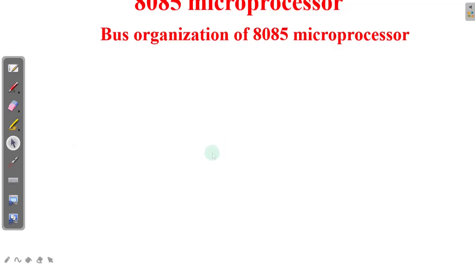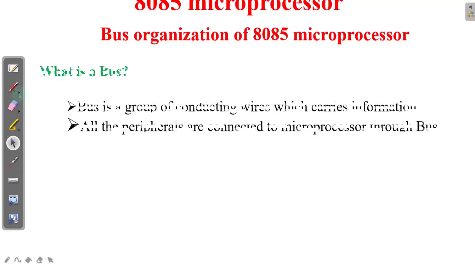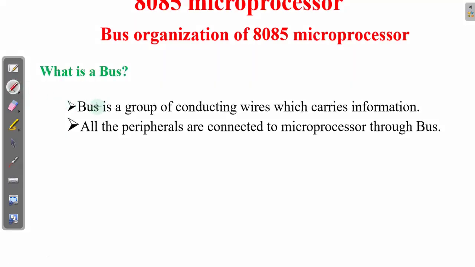Now the next topic is bus organization. What is the meaning of bus organization? Let's first understand what a bus is. If you remember, I told you there is a data bus, an address bus, and one more bus. So first, let's see what a bus actually is. A bus is a group of conducting wires which carry information.